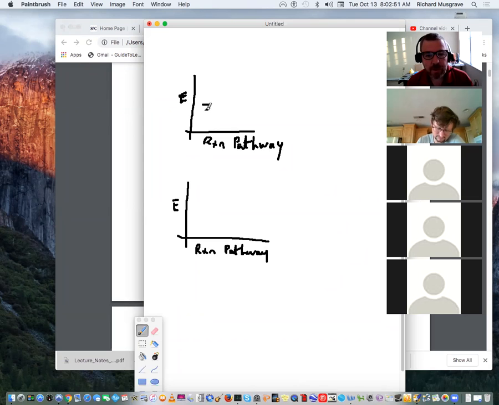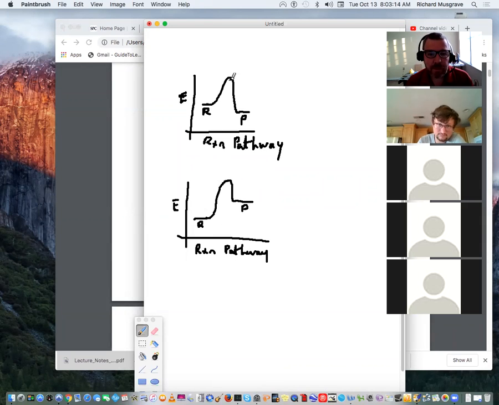An energy profile always starts at the reactants and goes towards the products. So I'm going to show you two different cases here. We've got this one where the reactants are here and the products are below the reactants, and this one where the products are above the reactants.